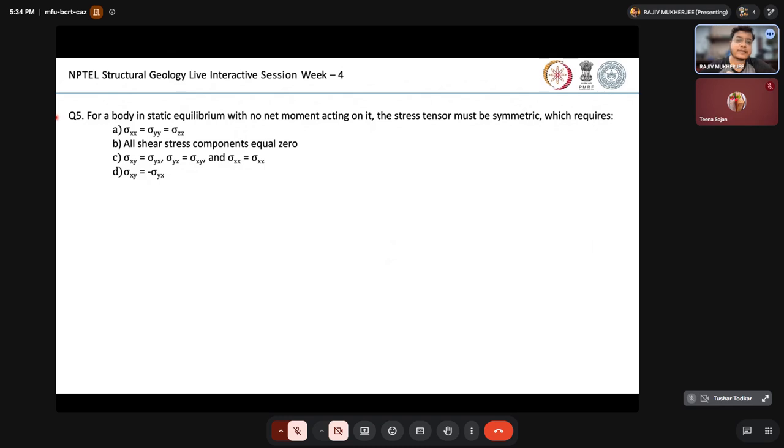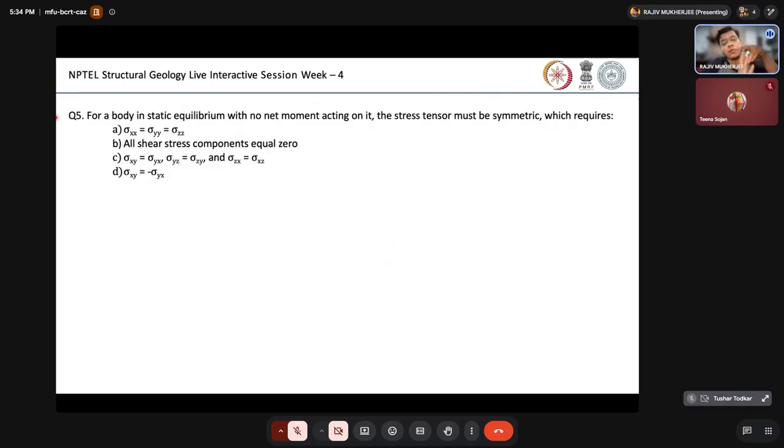And option D, sigma xy is equal to minus of sigma yz. Option C. Yes, option C is correct.